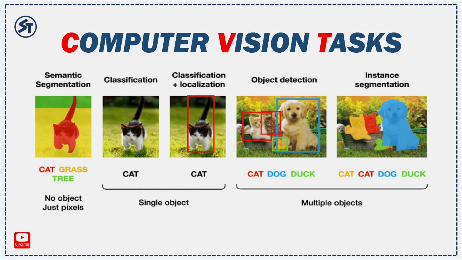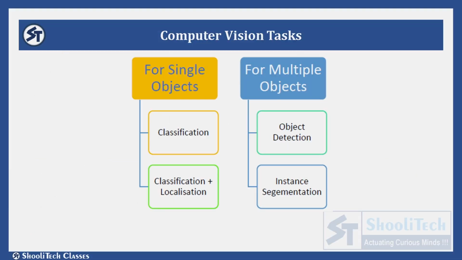Now, all these applications of computer vision are based on a certain number of tasks which are performed to get certain information from the images, which can be directly used for prediction or form the base of further analysis. The tasks used in computer vision applications can depend on a single image with a single object or an image with multiple objects.